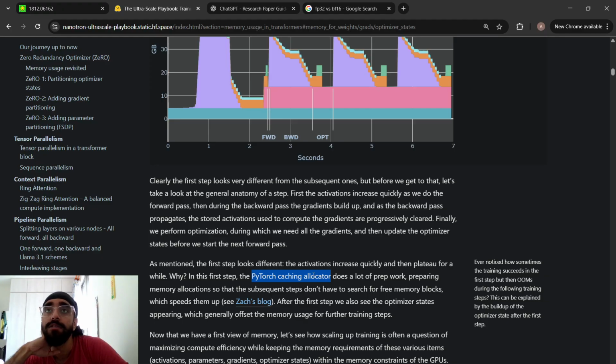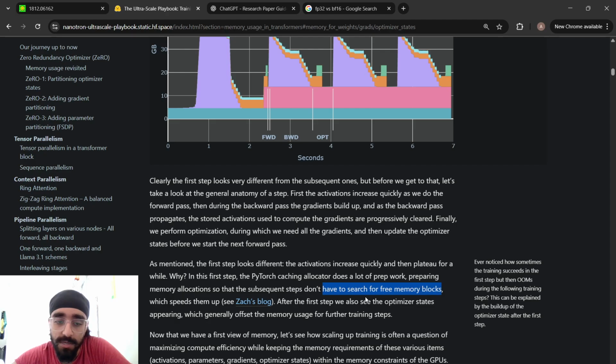While doing the first step, PyTorch does not know how memory allocations would work. So after it does the first forward pass, it internally prepares memory allocations so that subsequent batches can just use them, because in every batch the memory allocation pattern would be the same. So the subsequent batches can just reuse the memory allocations that PyTorch learned from the first step, so that they don't have to search for free memory blocks in the subsequent steps, which also speeds them up.